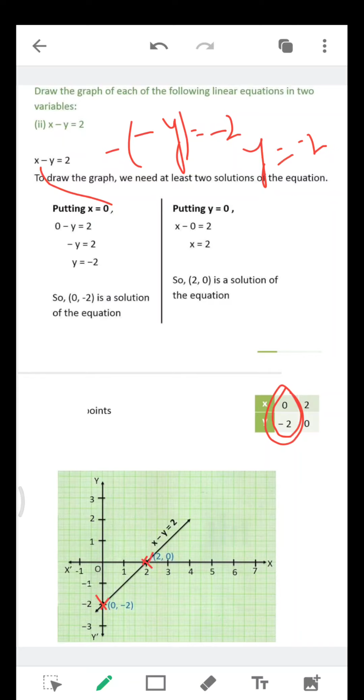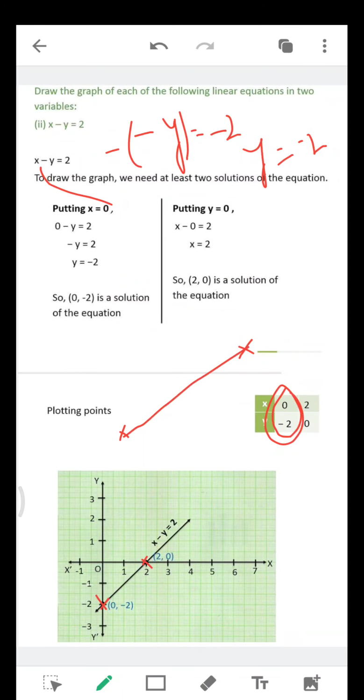After plotting this, how many points do we need? We need minimum 2 points to draw the graph, because if I have only 1 point, I cannot draw a line. If I have 2 points, I can draw a line joining these 2 points. So we need minimum 2 points.